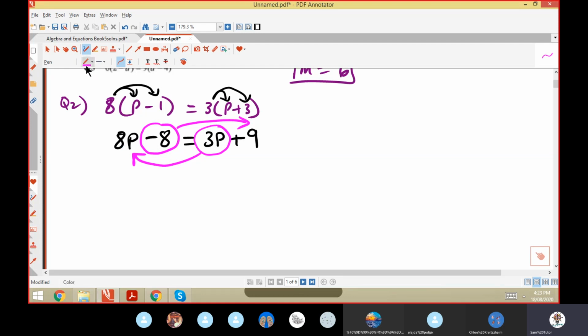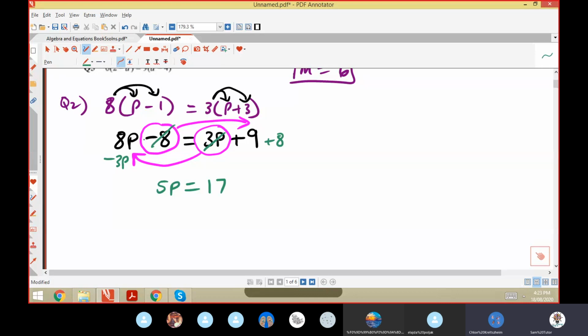When you bring this 3p to this side, you're obviously subtracting. So 8p take away 3p becomes 5p, equals 9 plus 8, which equals 17.